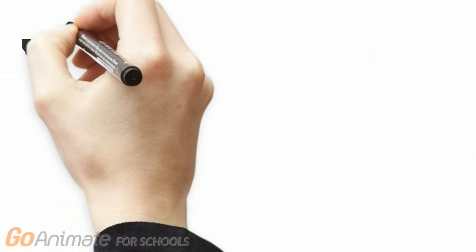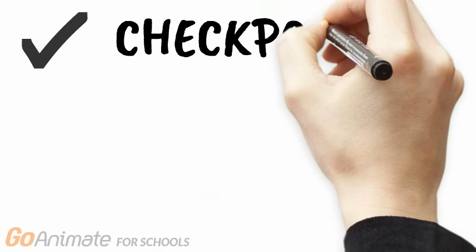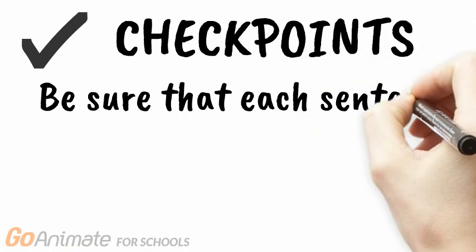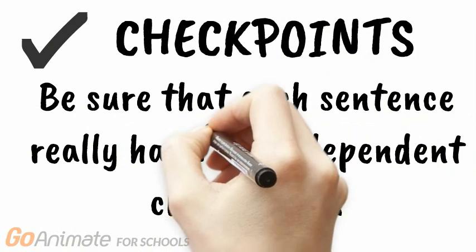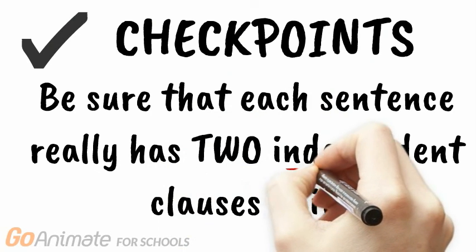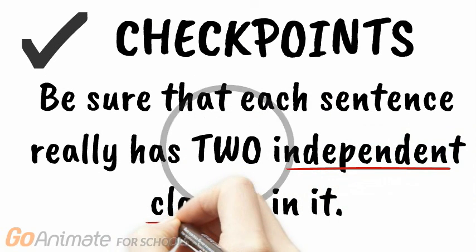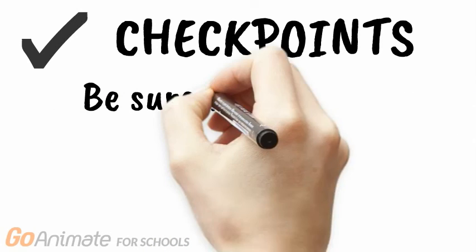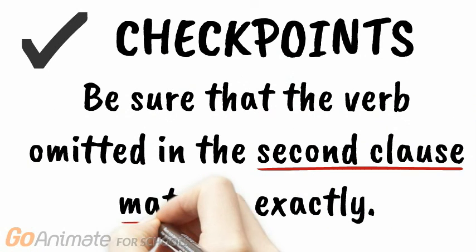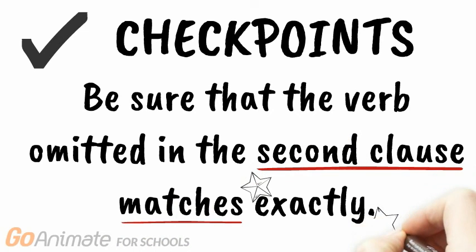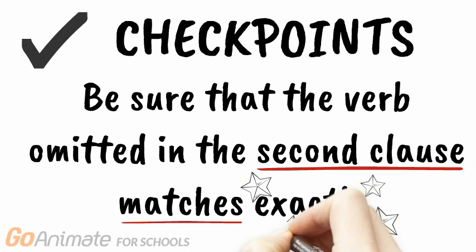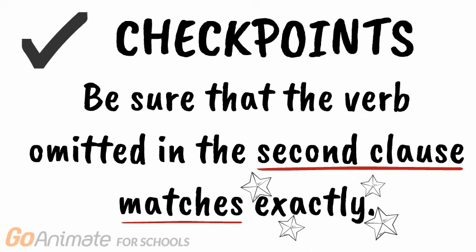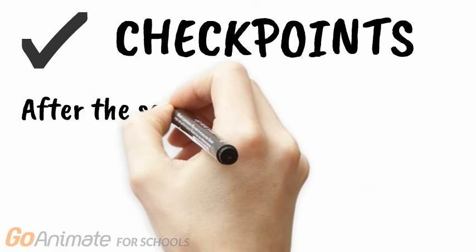Here are some checkpoints to keep in mind when looking at using Pattern 2. First, be sure that each sentence really has 2 independent clauses in it, even though the second one has an unexpressed verb or other words. Secondly, be sure that the verb omitted in the second clause matches exactly in form and tense the verb in the first clause.